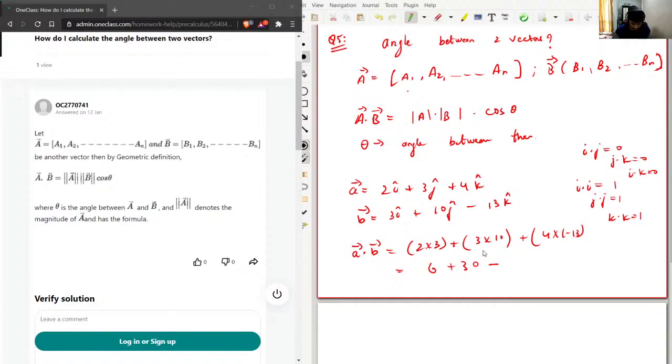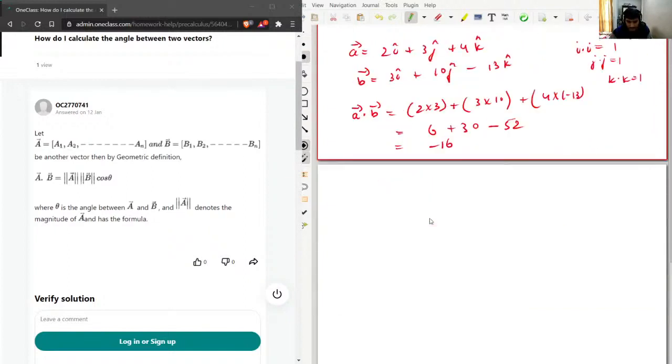It should be 52. And this will become 36 minus 52, negative of 16. So our a dot b is negative of 16.